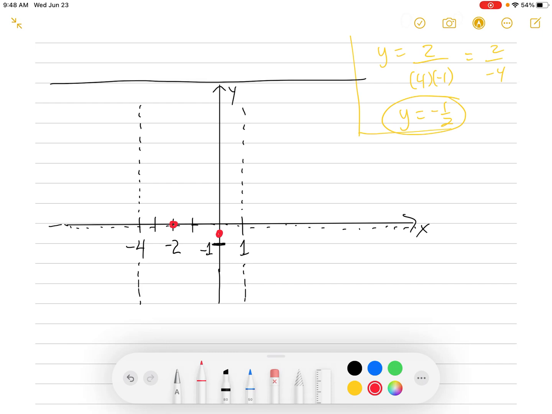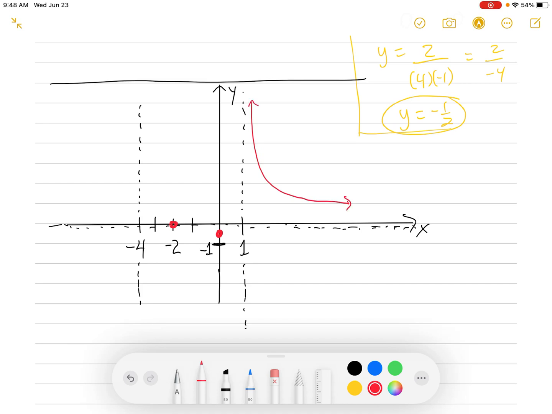Now what I want to do is start on the right side. Generally, you want to start on the right side of your rational function. The way rational functions look, they follow the asymptotes very carefully. On the right side, we have this vertical asymptote at 1, and this horizontal asymptote at y = 0 along the x-axis.